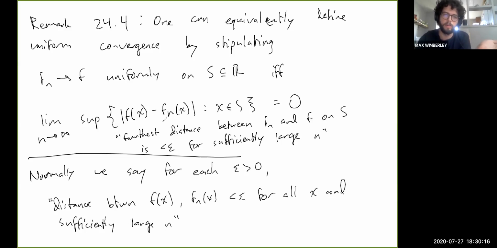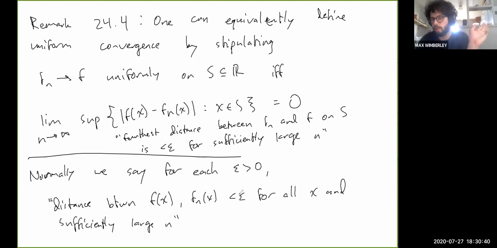But then going the other way, all you have to say is, if the distance between f(x) and fn(x) is less than epsilon for every single x, then the supremum of all of those distances across all the x values, since it's the least upper bound, is saying that epsilon is an upper bound on the distances between f(x) and fn(x).